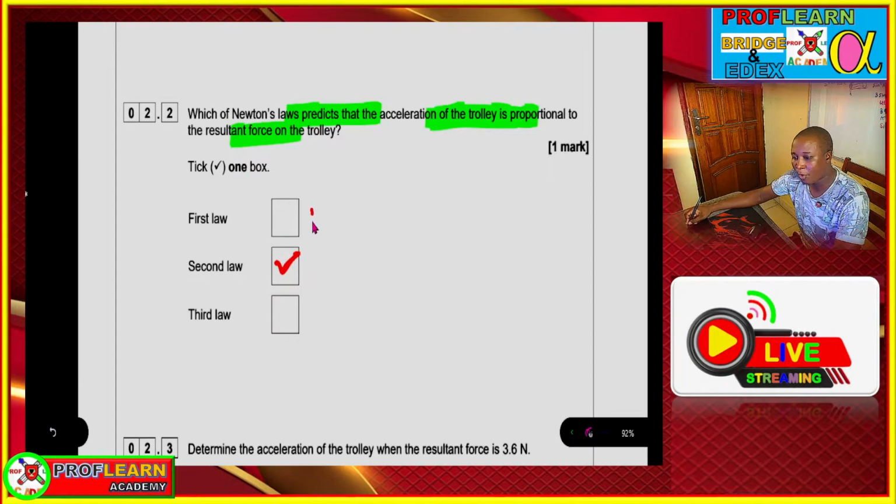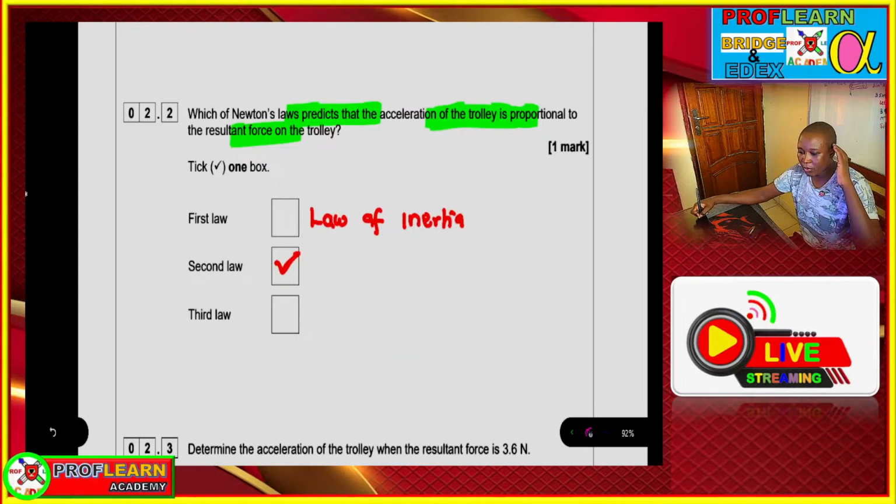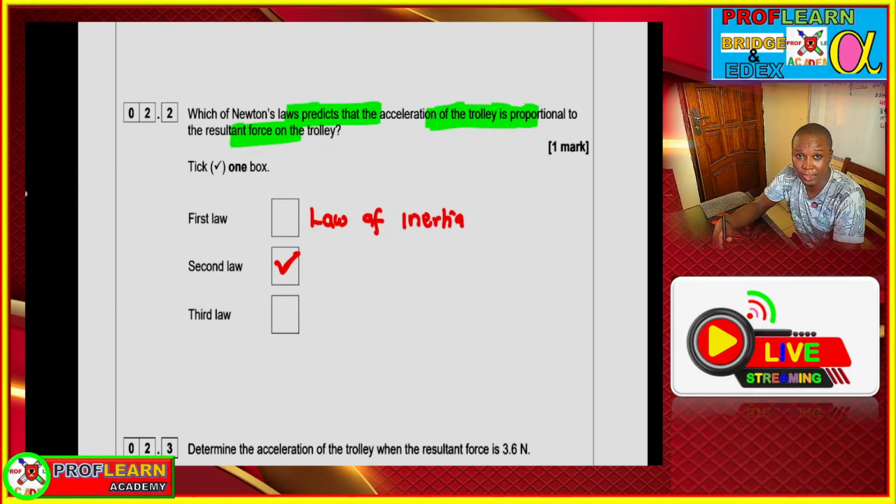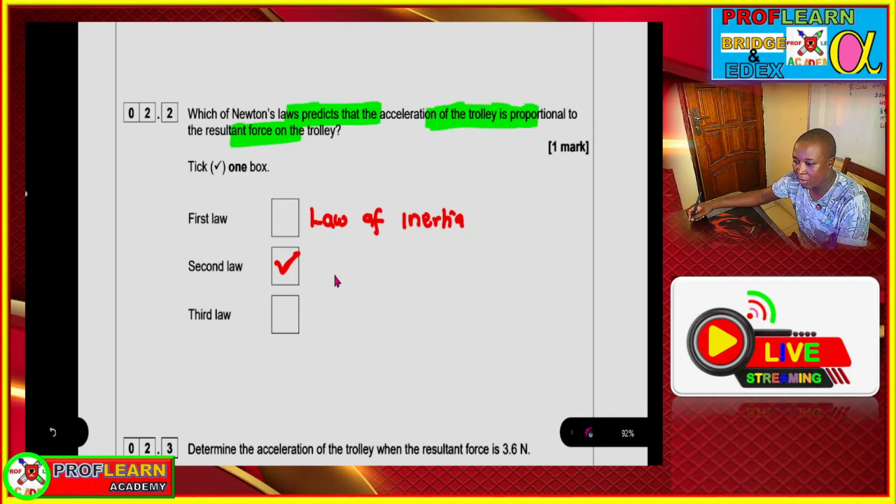The first law is the law of inertia, where an object will continue in its state of motion, or continue at rest, unless there is an external force acting on it. You need to understand what each law represents.